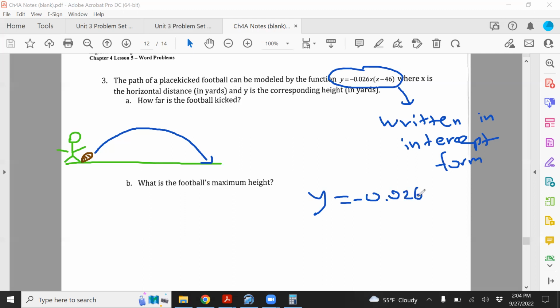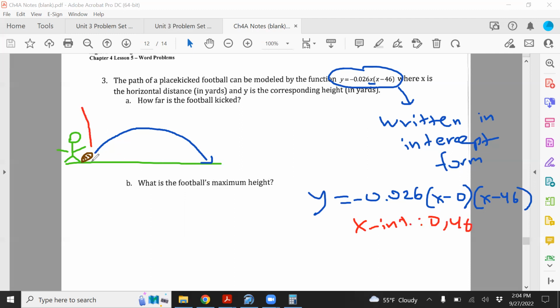I'm doing a slightly cosmetic thing here, not a big deal. X minus 0, same thing. Because you see an X by itself, you can assume it's part of X minus 0. So my x-intercepts are 0 and 46.